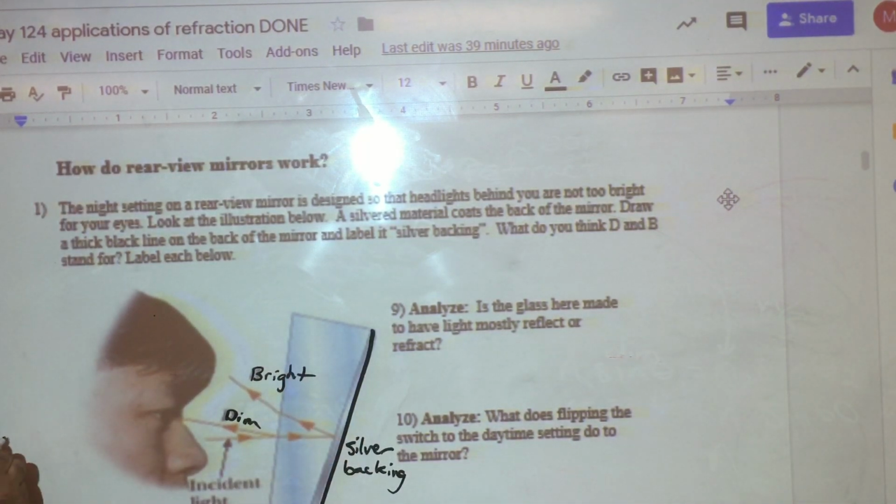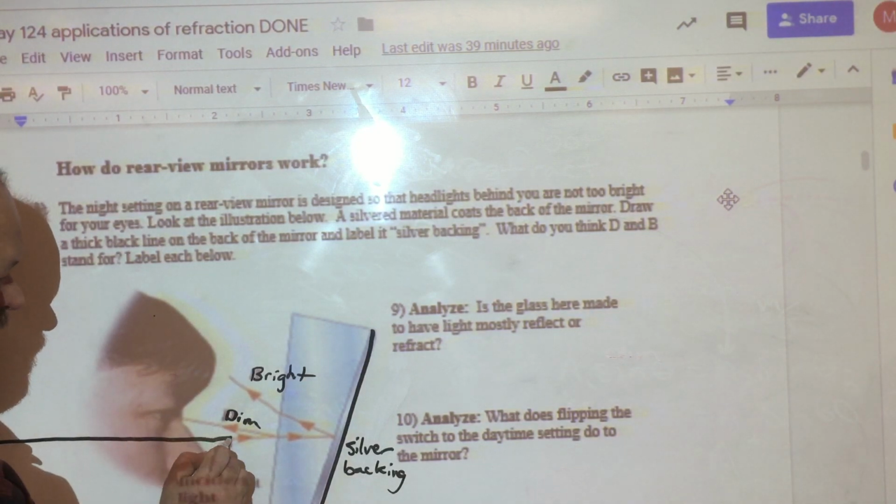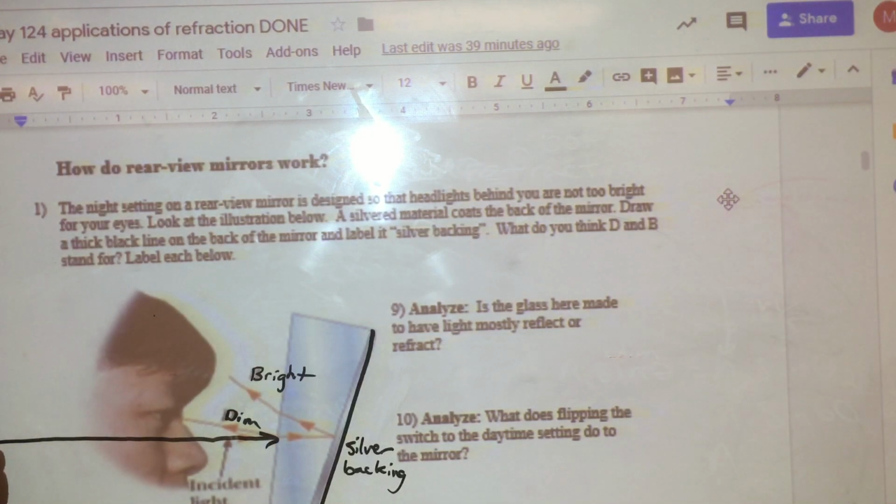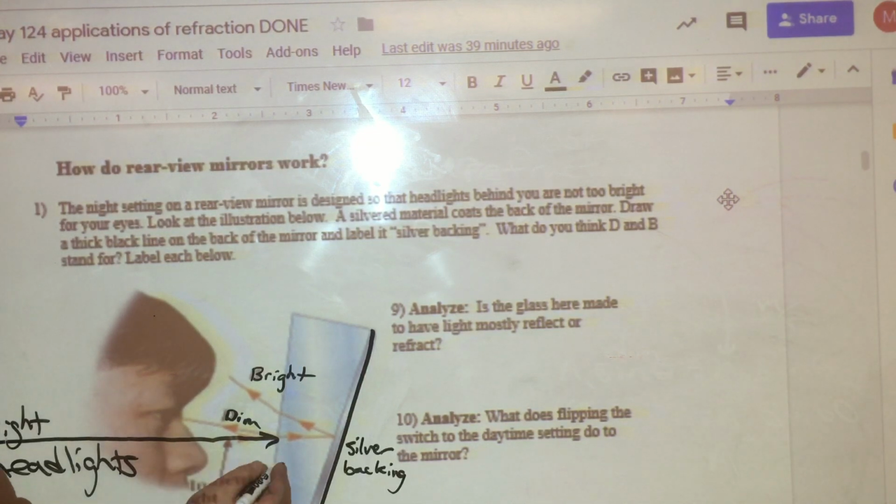So in this situation, we have the headlights coming from the back. This is the night setting. Bright headlights. And when it hits the front surface of the glass, only a little bit of it will bounce off the front surface and bounce back to your eyes.